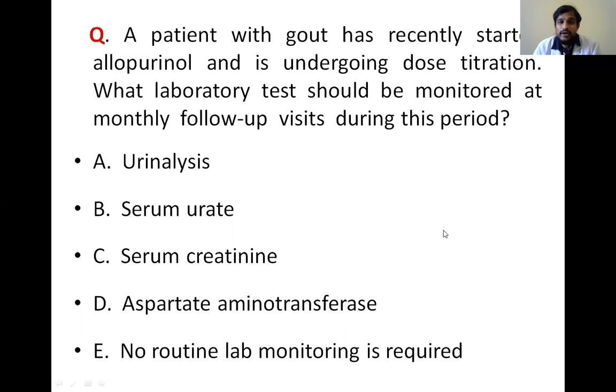We know gout is more concerned with the uric acid levels. So the answer is B, serum urate or serum uric acid level, depending upon which the dose will be adjusted and the patient will continue the dose of allopurinol or any medication for the gout.